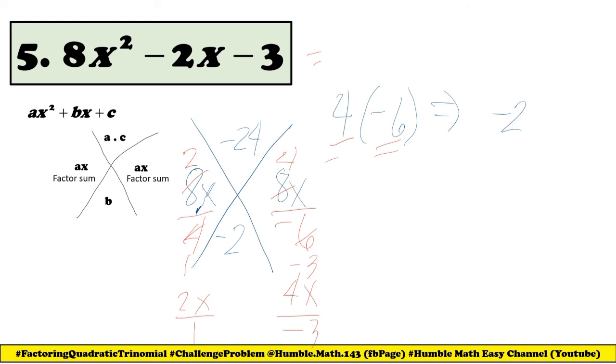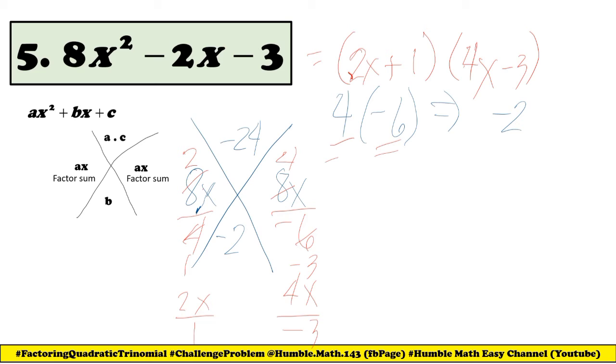So we copy the first factor 2x plus 1, because the denominator is positive, and the other factor is 4x, then the denominator is negative 3.